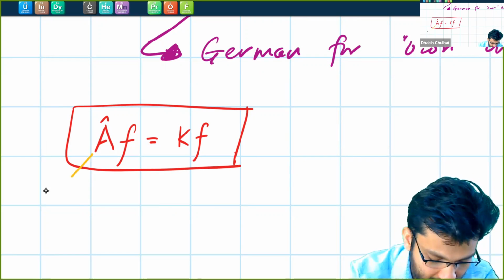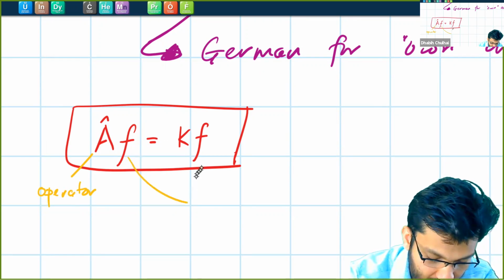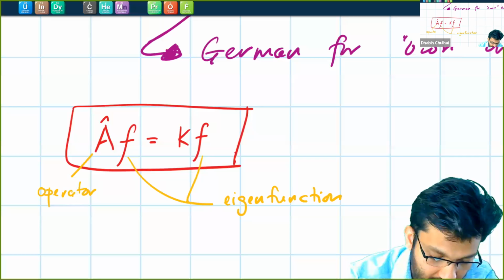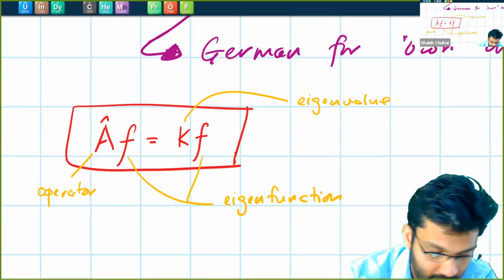So let's do that. Operator, the f's are the eigenfunction, and k here is the eigenvalue, which is just a constant.